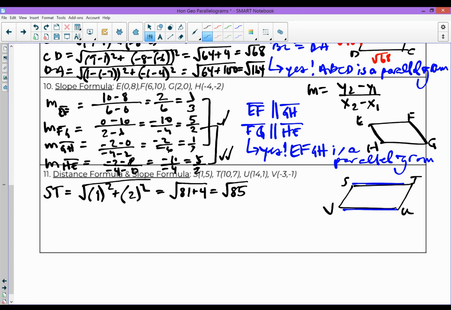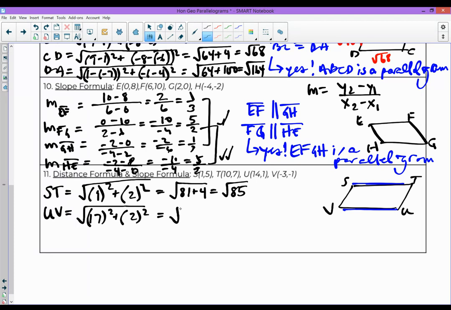All right, so let's find UV. The difference in your x's is 17 squared plus 1 and -1 are 2 apart. All right, these already I can tell are not going to be congruent.